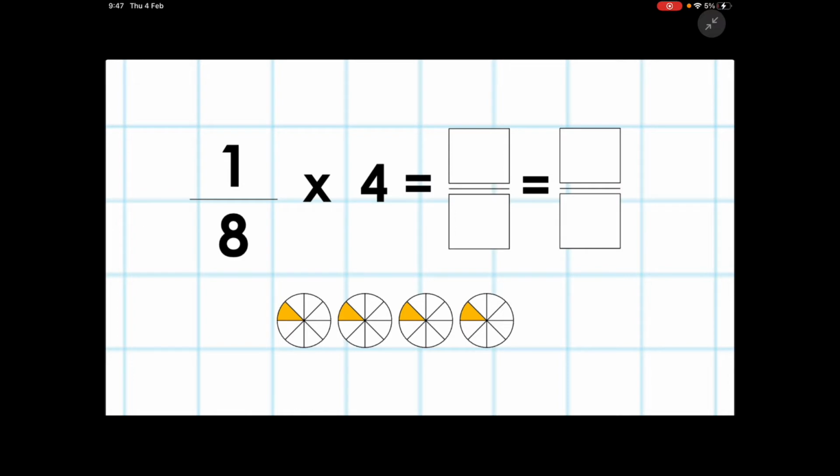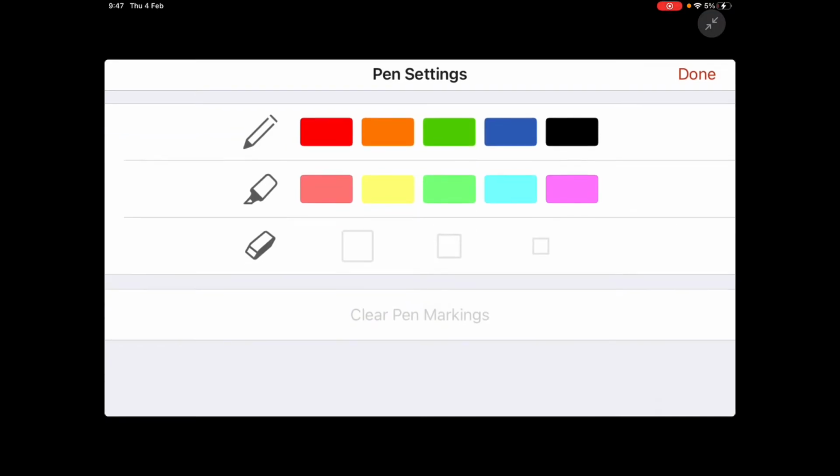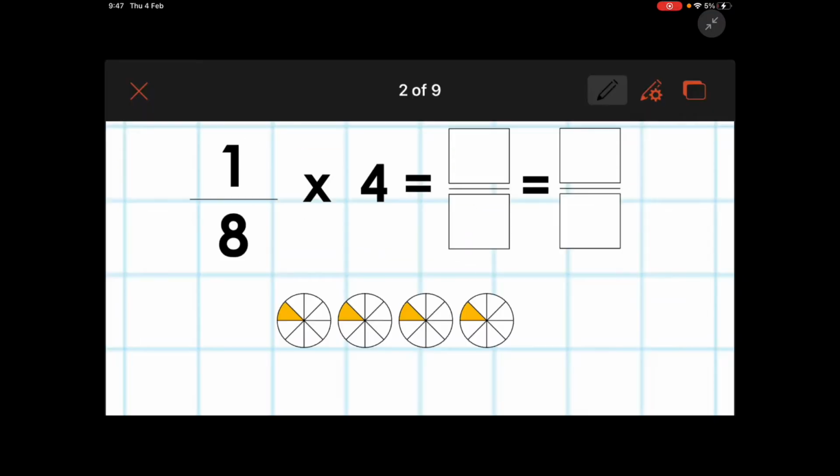And I have 1, 2, 3, 4 representations at the bottom. So I have 1/8 and 1/8 and 1/8 and 1/8. 4 lots of 1/8. So I'm going to show you how to multiply this fraction by the whole number 4 using the images at the bottom to help us.